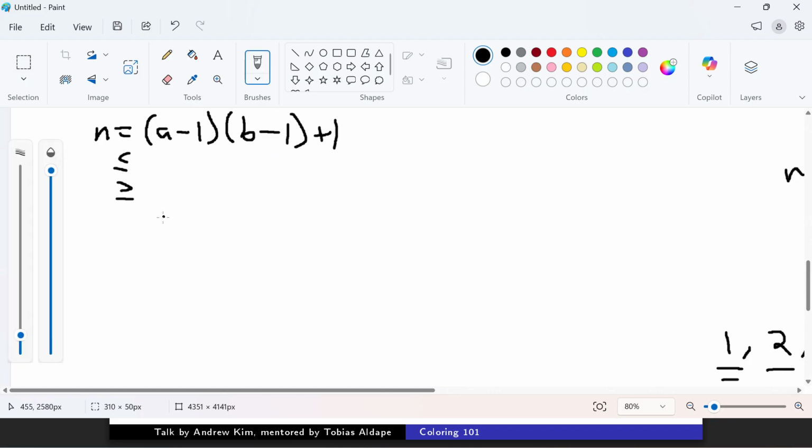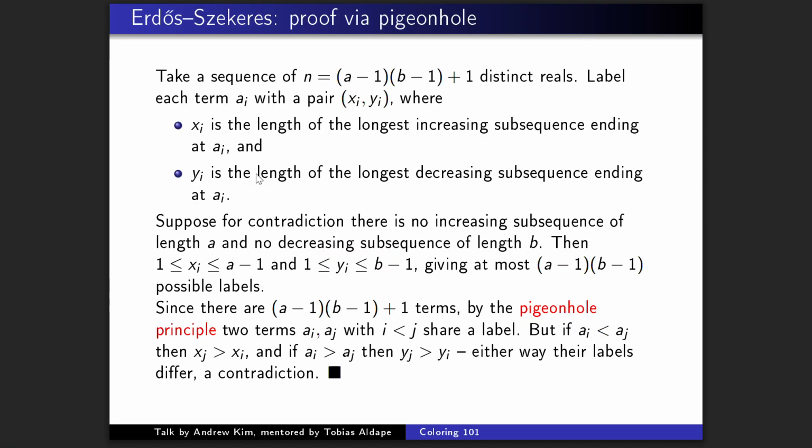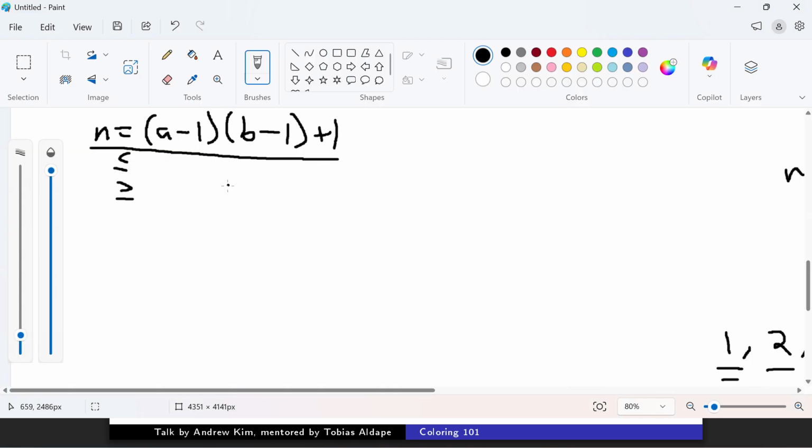Sorry. But anyway, back on topic. The proof of this result is actually very reminiscent of dynamic programming. Let's say we have a sequence of n distinct real numbers, where n is the number we wrote up here.